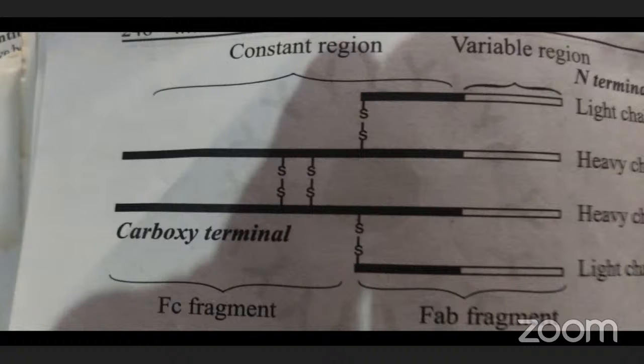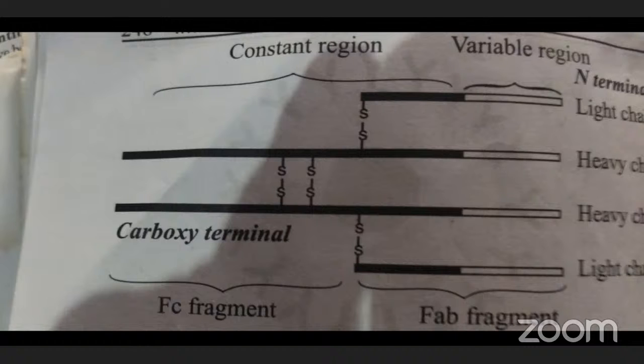Most probably the heavy chains are linked by approximately 1 to 13 interchain disulfide bonds.